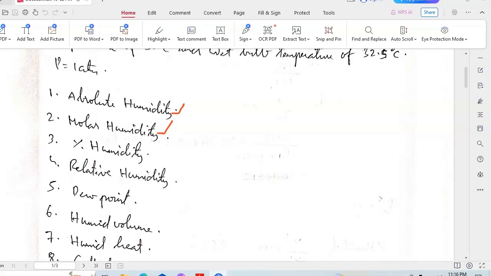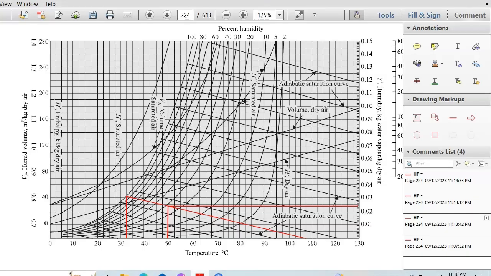Then the third question is the percentage humidity. Going to the psychrometric chart, this is our point of interest.